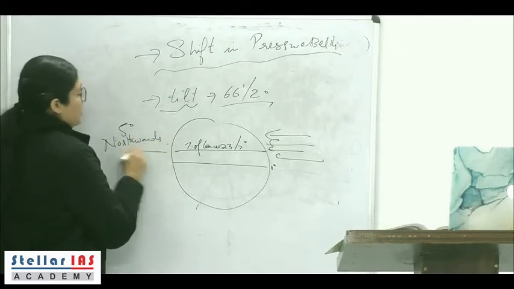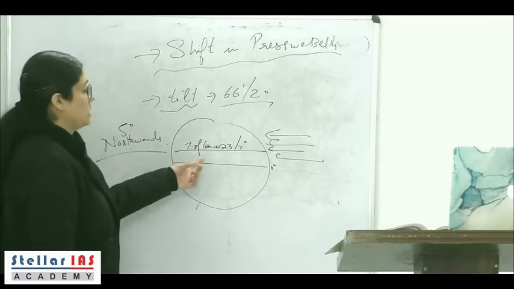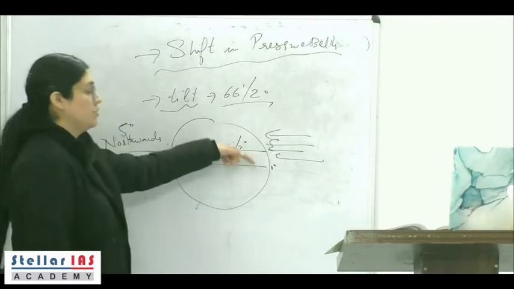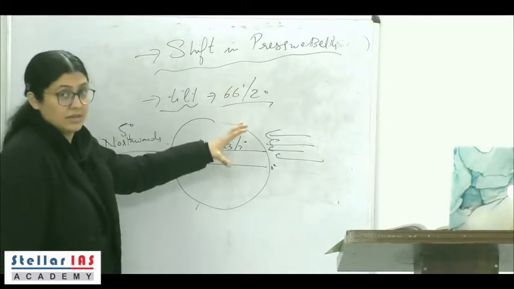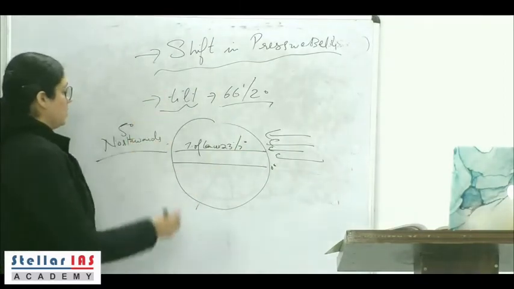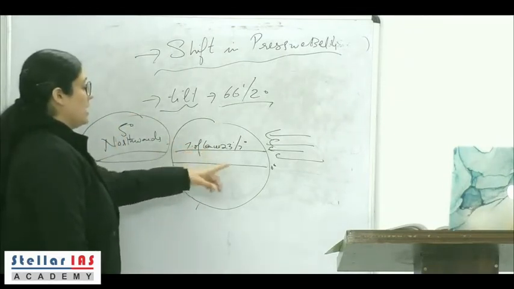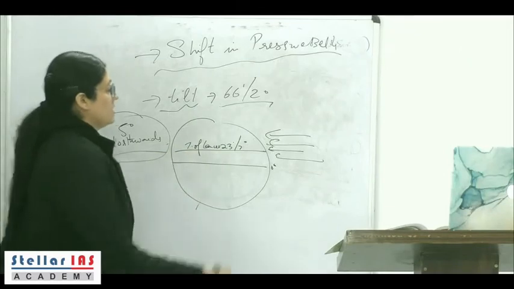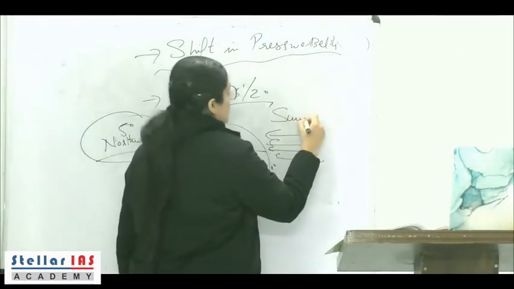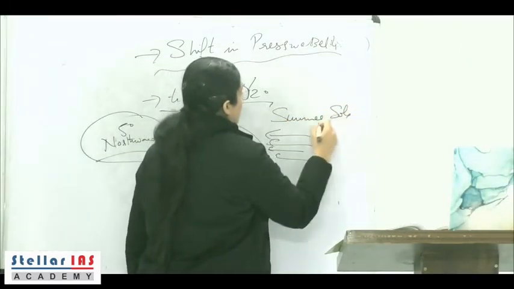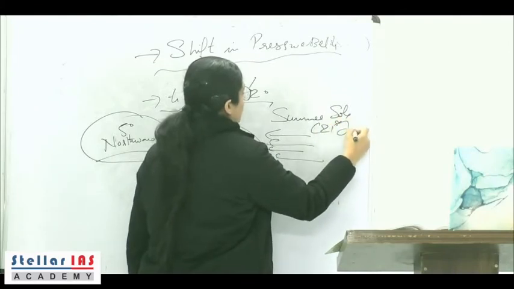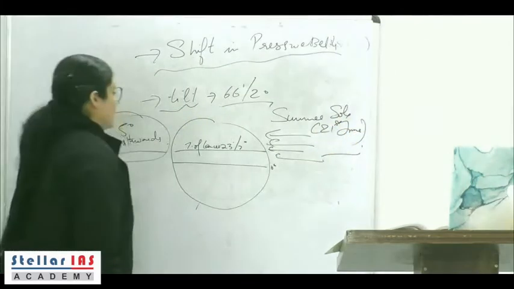Okay, so say if the subtropical high pressure belt was at 30 degrees, it has shifted to 35 degrees, right. So all the pressure belts move 5 degrees northwards when the sun is directly at the Tropic of Cancer, that is during the summer solstice around 21st of June, right.